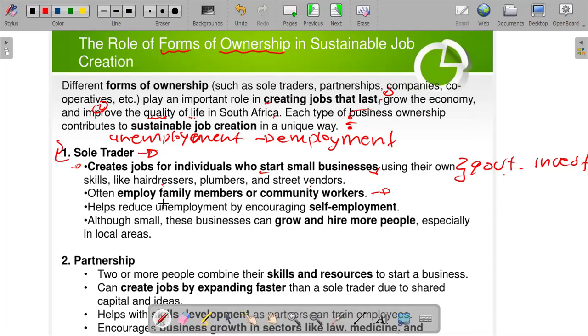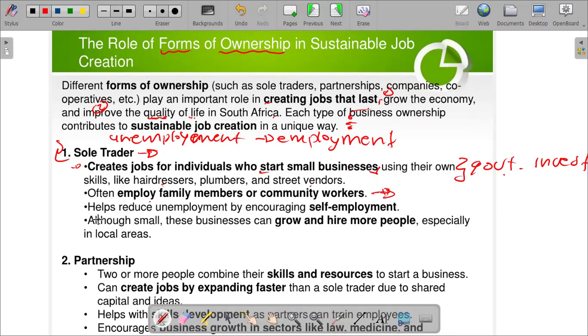By employing them and giving them a certain amount of money. And by doing that, remember, we want to reduce unemployment. We no longer have just one person who owns a business, but one person who employs other people within their community and surroundings.